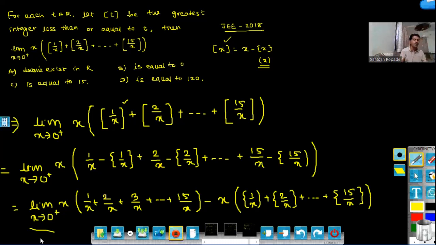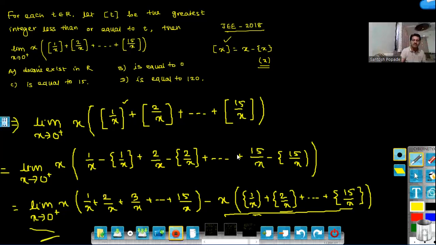If I multiply by x inside the bracket, then we will be getting only 1 plus 2 plus 3 and so on up to 15, isn't it? So now it is needed to find the separate limits. We know that the limit of a sum is equal to the sum of the limits, meaning we have to find the limit of the first bracket separately and the limit of the second bracket separately, because both exist independently.